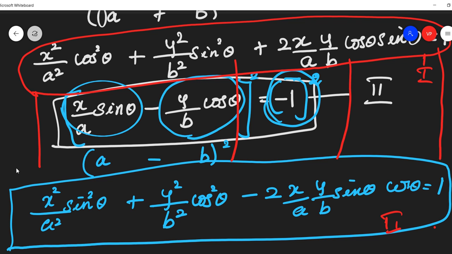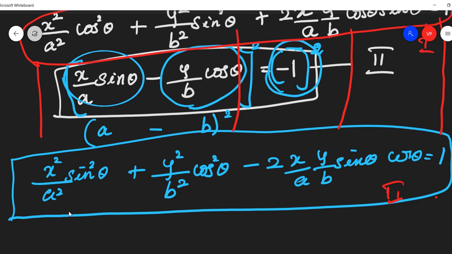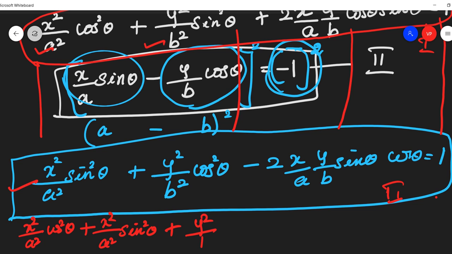So 1 plus 1, it is 2. Sorry, I am doing it straight. When you add, you get x square by a square cos square theta plus x square by a square sin square theta, this is the first term, second. And the next is plus y square by b square sin square theta, and next to this write y square by b square cos square theta.